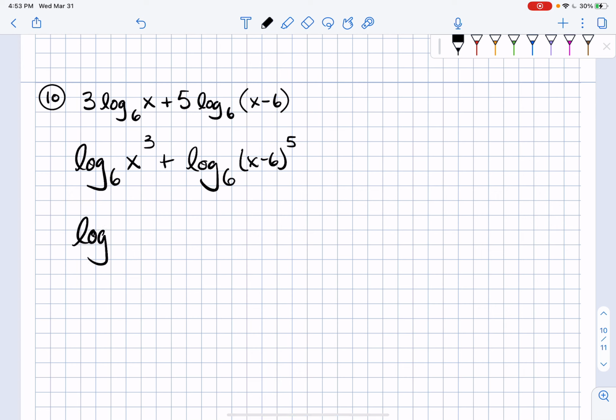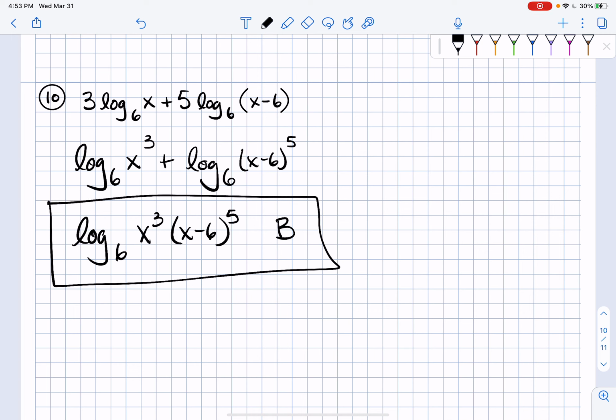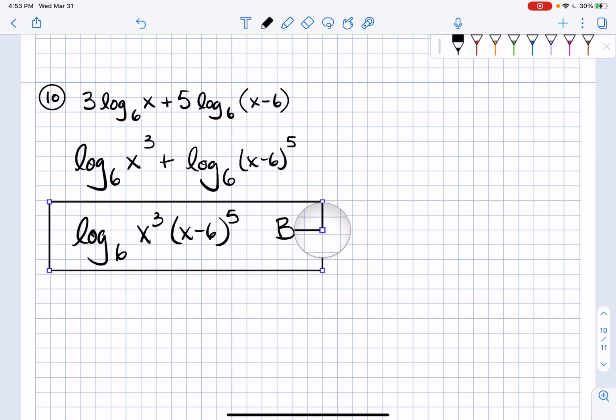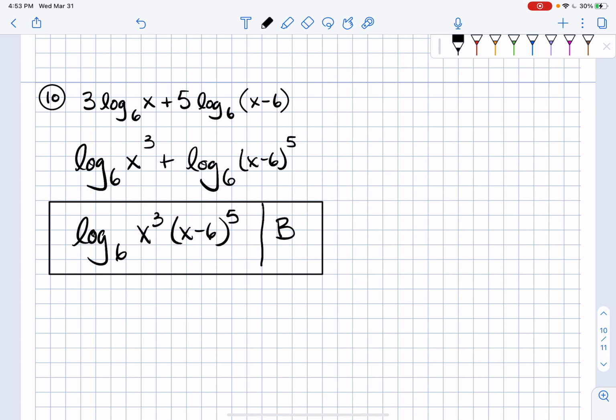So I got log base 6 of x to the 3rd times x minus 6 to the 5th. All right, and that is choice B. There we go. Excellent.